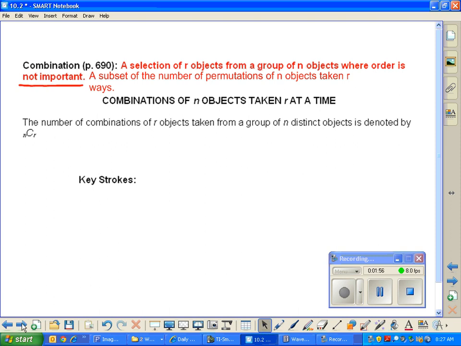We needed to know every single way to arrange n objects. However, with a combination, we don't care about the order. We just want to grab some items off the shelf. So we have a selection of r objects from a group of n objects where order is not important. You could also think about this as a subset of the number of permutations of n objects taken r ways.